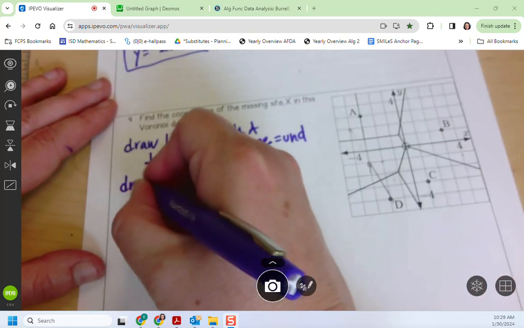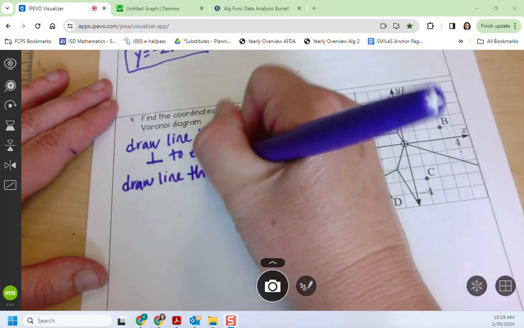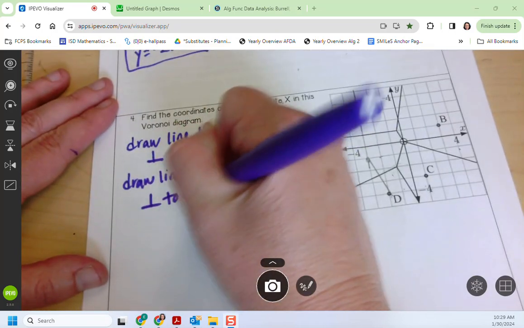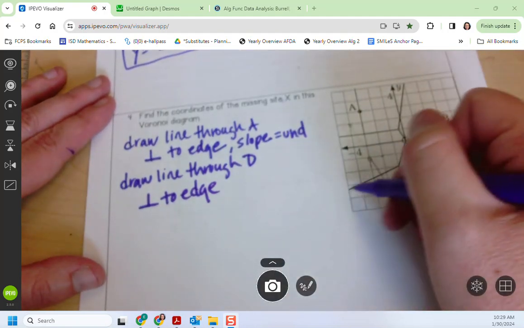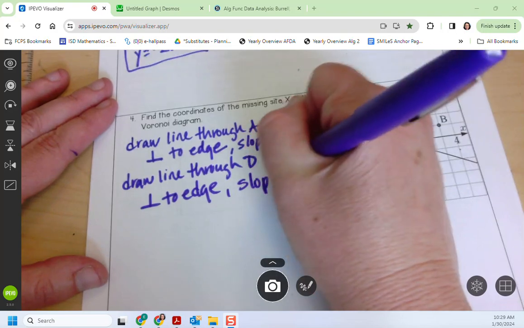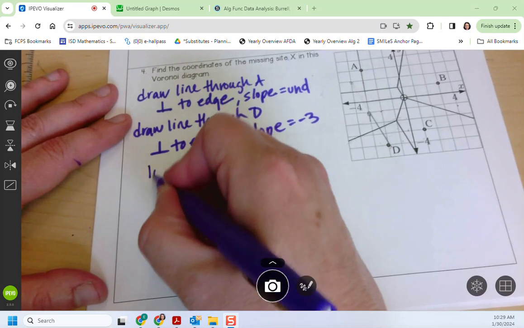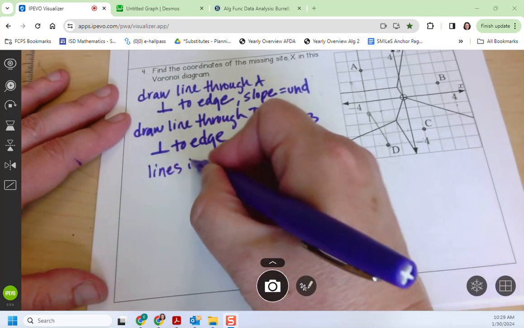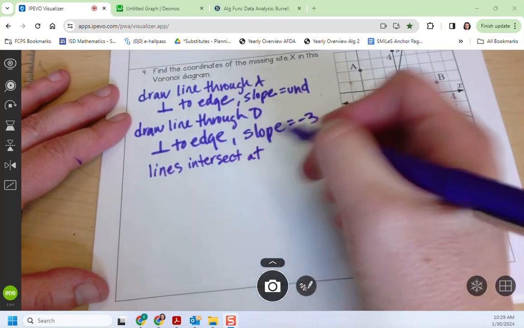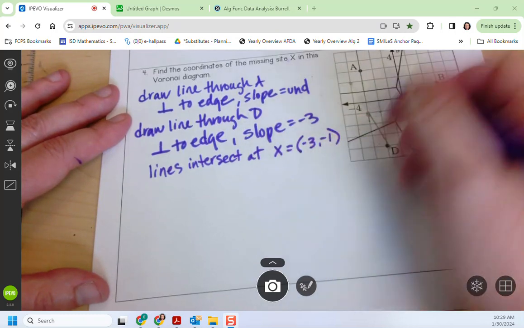And then we're going to draw a line through D, perpendicular to the edge. Because this slope was 1/3, we did a slope of negative 3. And then the lines intersect at x, which was negative 3, negative 1.